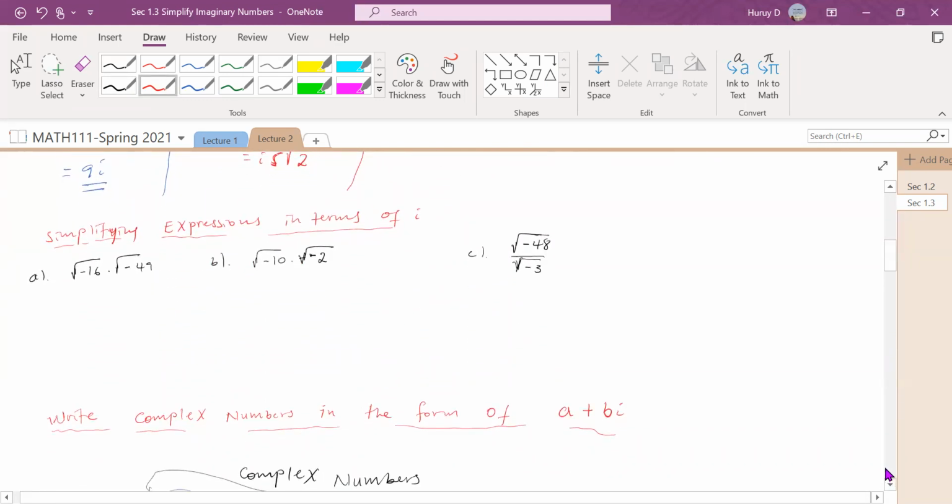Now, simplifying expressions in terms of i. This is multiplying two imaginary numbers, but in this case they don't have i, so we have to simplify and put the i there. First, we write each of them in terms of i, because this is the product of this one and this one. You have to be careful here.